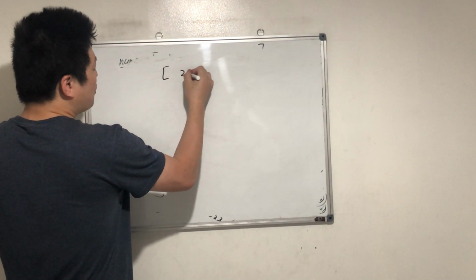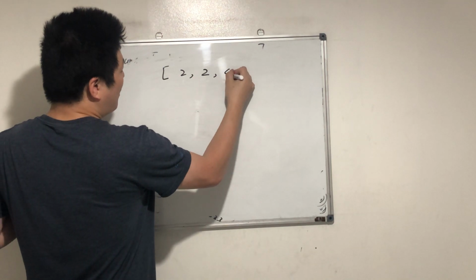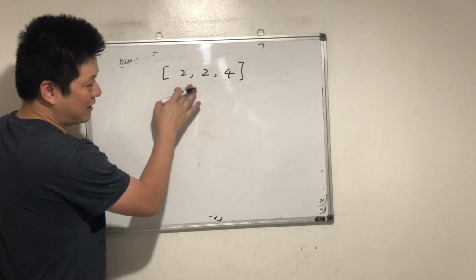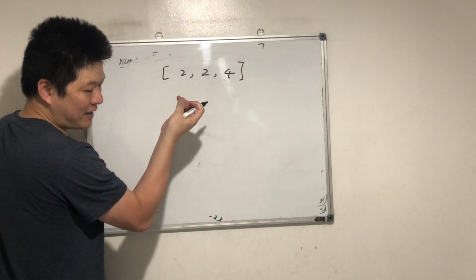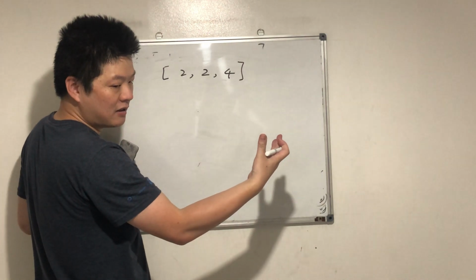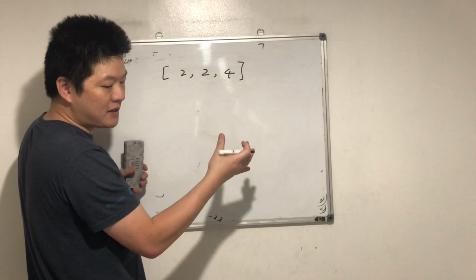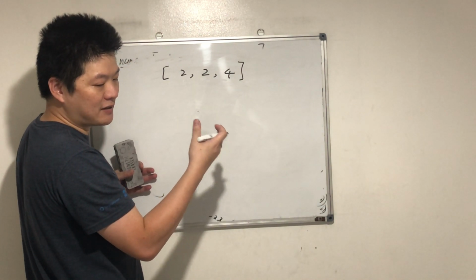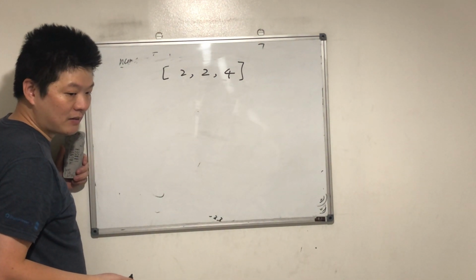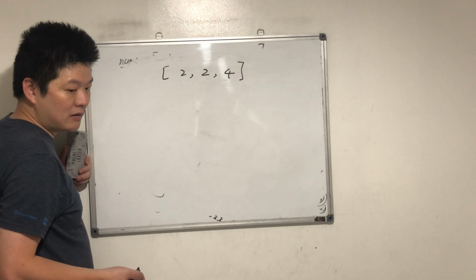And if I write these numbers in an array, like 2, 2, 4, look, this is the number of times, the frequency, okay? Can it be grouped into groups with the same size, where each group has size at least 2? 2, 2, 4? Yes.